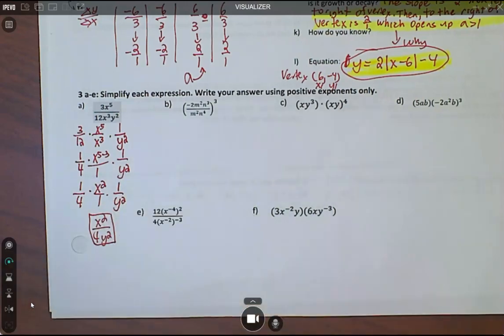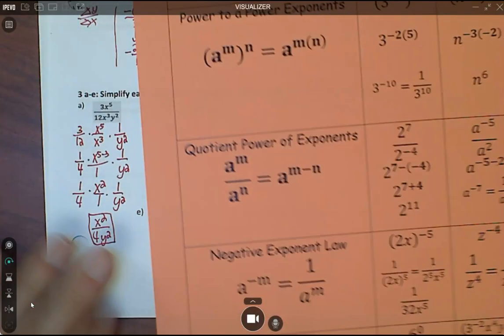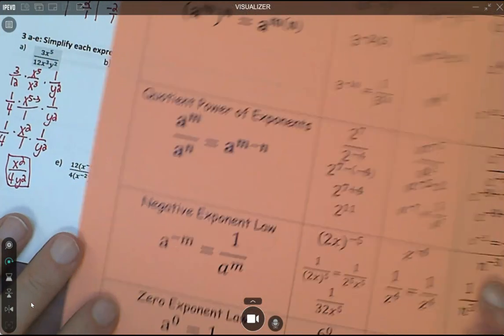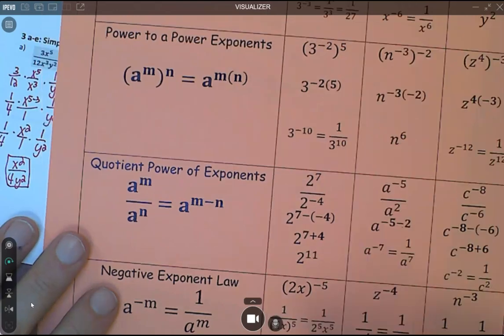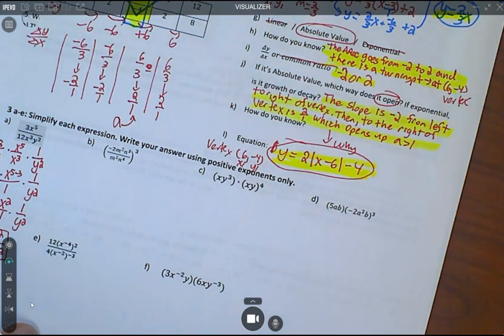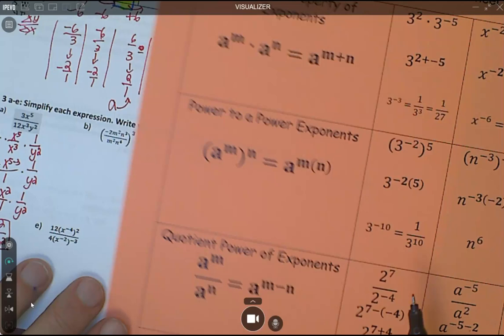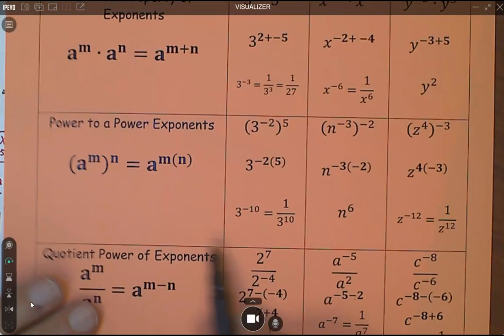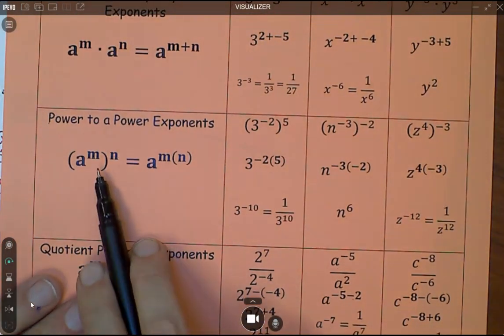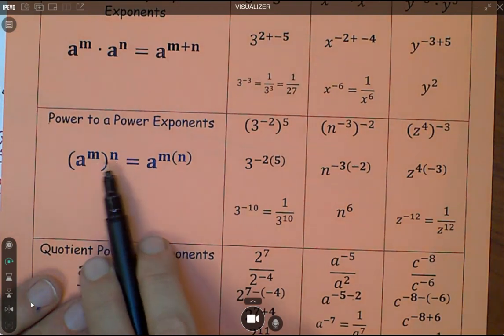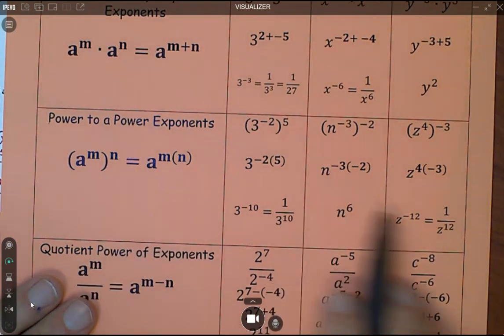Okay, one thing you could have done to help you is used my helpful handout. Okay, power to a power. Which part of this handout could you look at? Okay, power to a power. If I have a power to a power, exponent to an exponent, I multiply them.